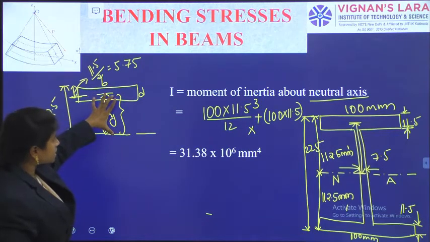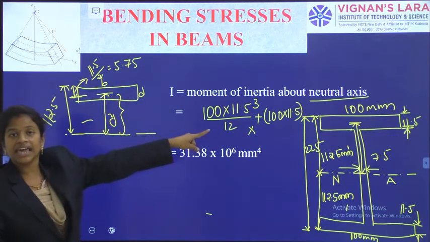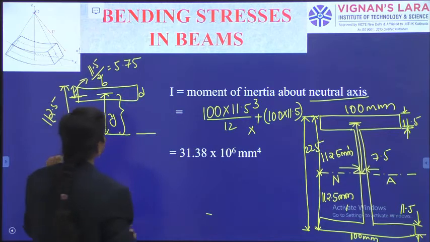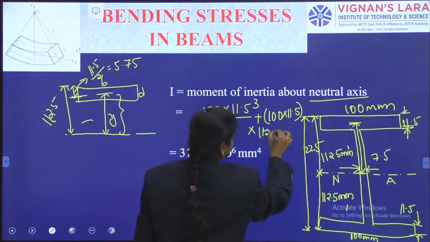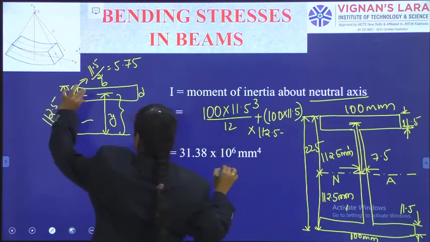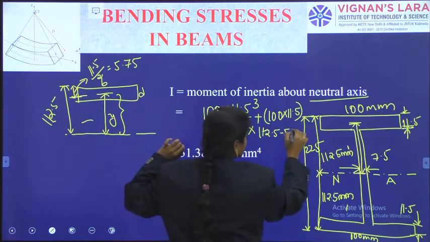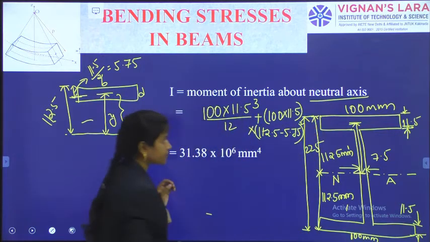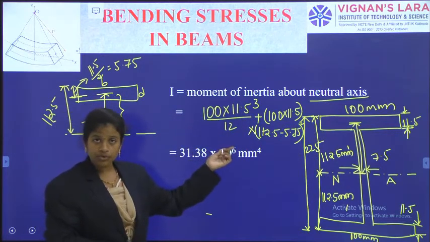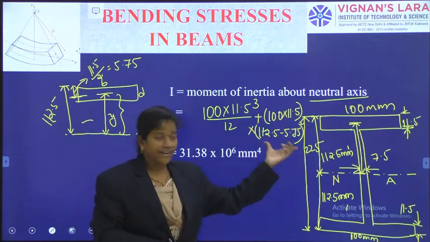The remaining measurement I need to consider as A into y square. Okay, so 112.5 minus 5.75 whole square, in B D cube by 12 plus A into y square.